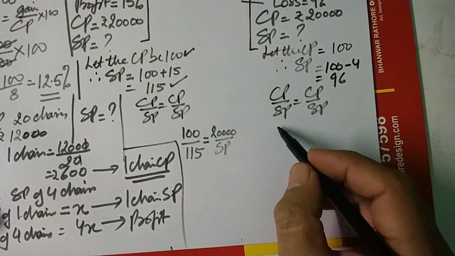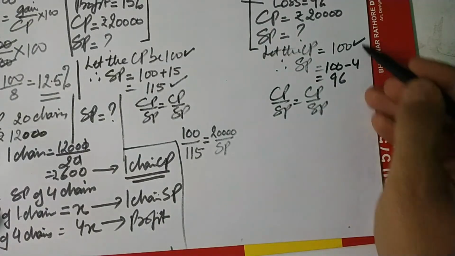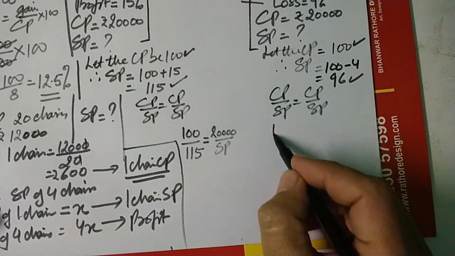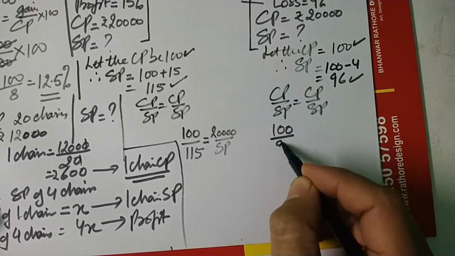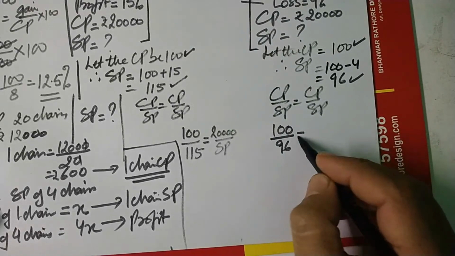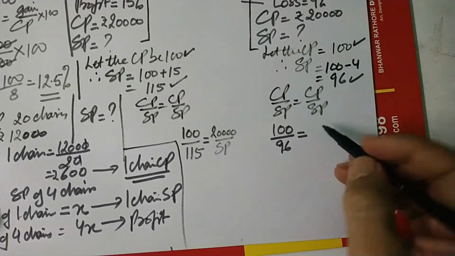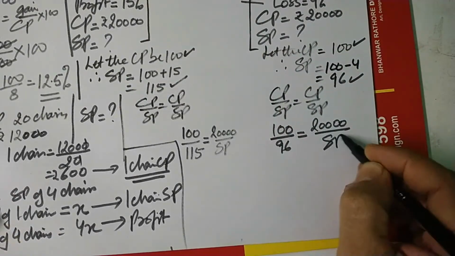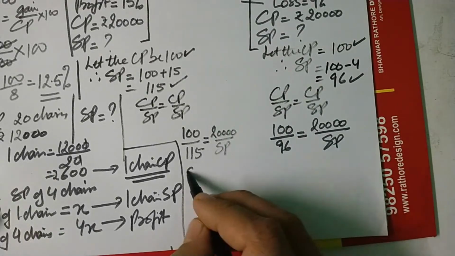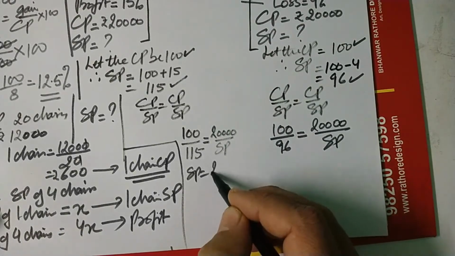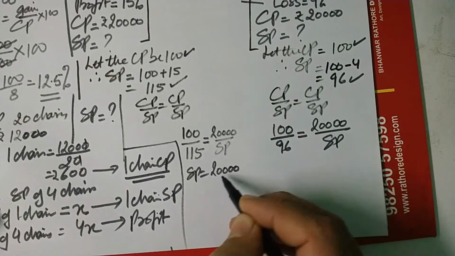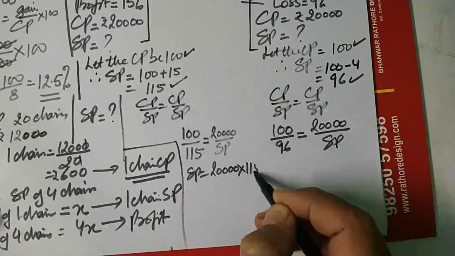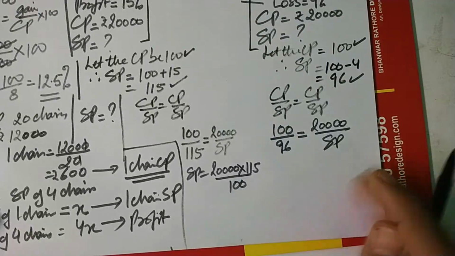In the second case, again, let the CP be 100, so 100 upon 96, you can play this video again to understand, and then CP is 20,000 upon SP. Cross multiply, it will become SP is equal to 20,000 into 115 upon 100.